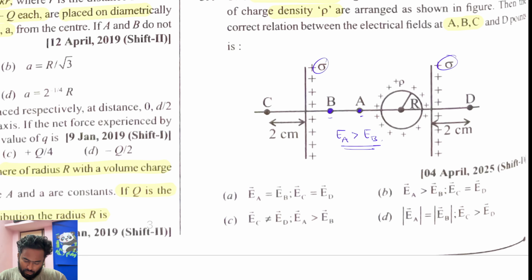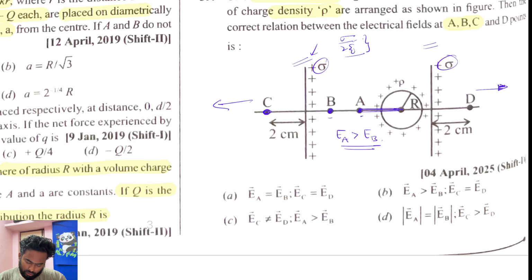Why am I writing this? Because for a sigma plate, the electric field is sigma by 2 epsilon naught due to an infinite sheet. The field does not depend on distance, so the sigma sheets give equal and opposite fields, and both cancel each other. So only because of the charged sphere will there be a field at A and B. A is closer to the charged sphere, so its field will be more. What can we say about C and D? All of them are repelling in this direction at C, and at D all of them are repelling in this direction.